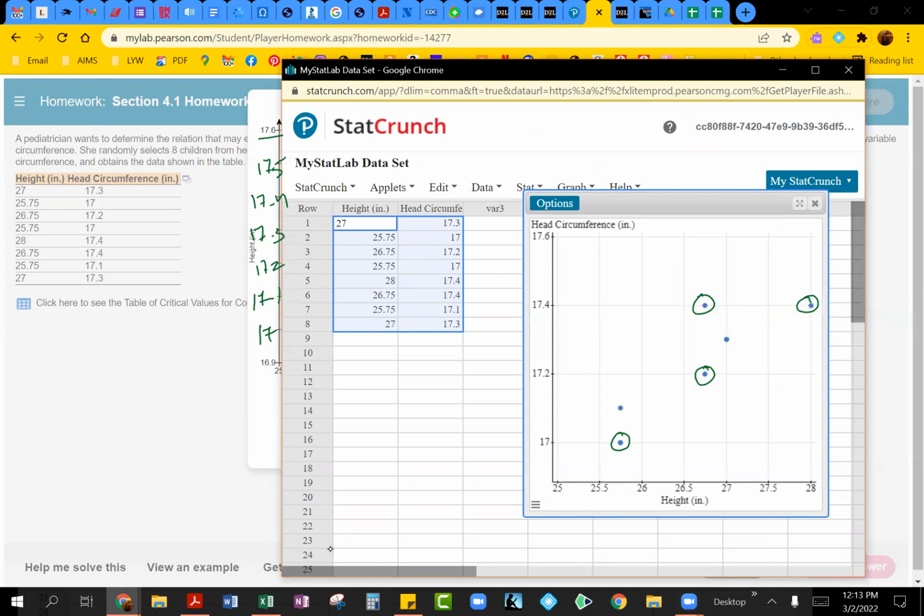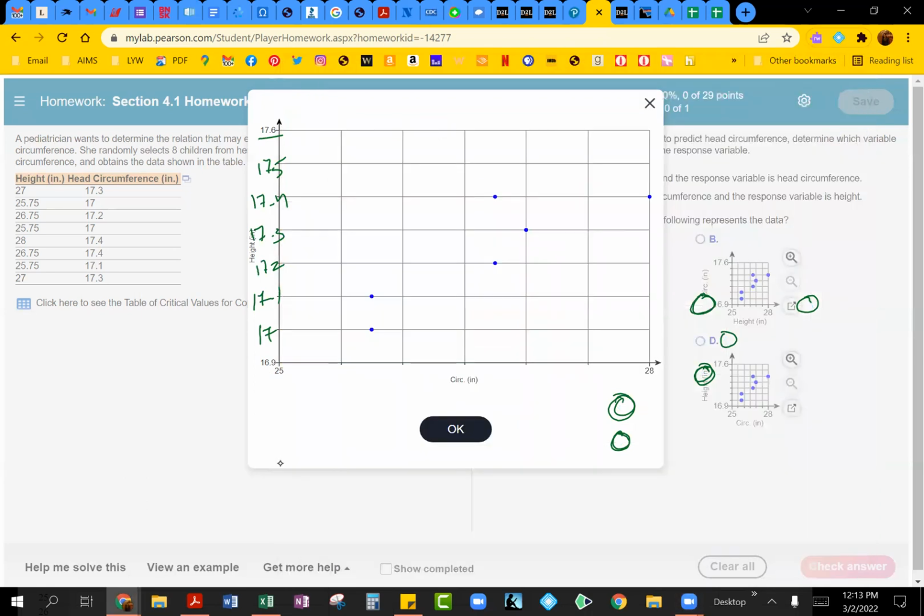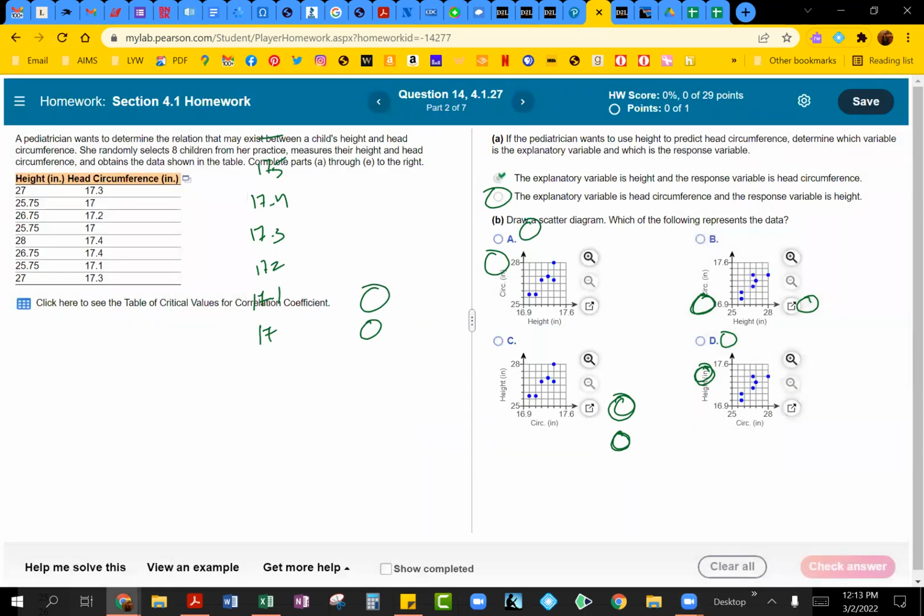No, actually this one will fall at 17.1, isn't it? So 17, 17.1, and then 17.2, 17.3, and 17.4. And that's exactly what this guy looks like. So 17, 17.1, 17.2, 17.3, 17.4. So this one was graph D, I believe.